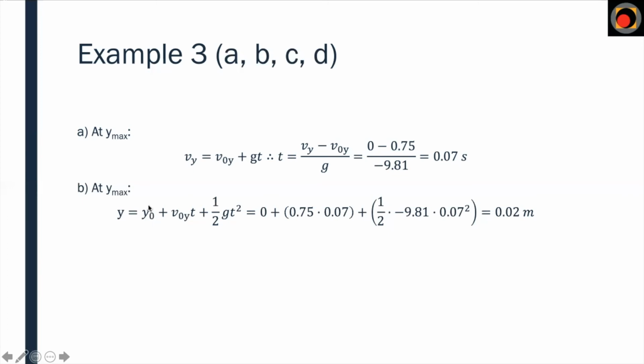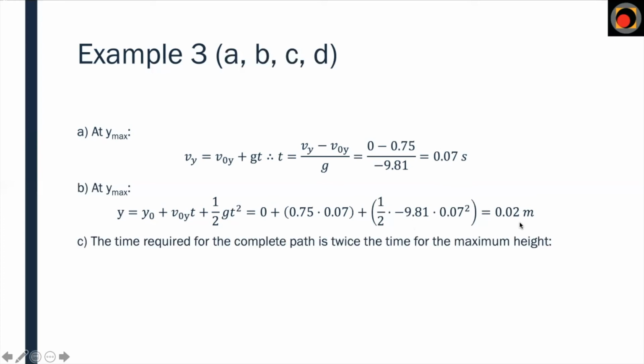Y0, the frame of reference is always 0, 0, so the initial position will be 0. The initial velocity on Y, we got it from the rectangular representation of the initial velocity vector. The time is t, 0.07. And then acceleration due to gravity, minus 9.81, and again the time, 0.07 squared. So the maximum height would be 0.02 meters.